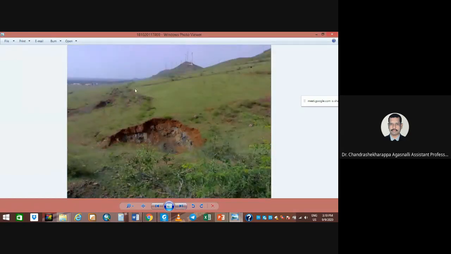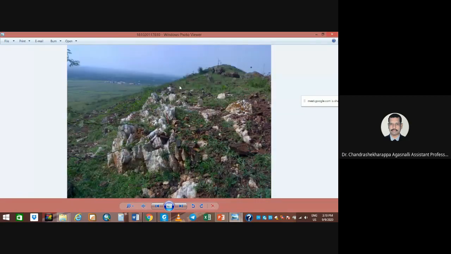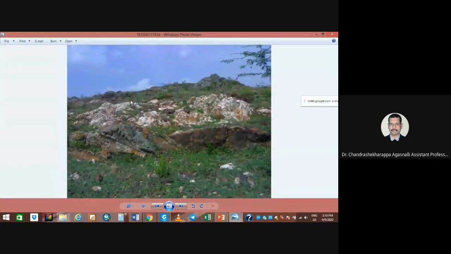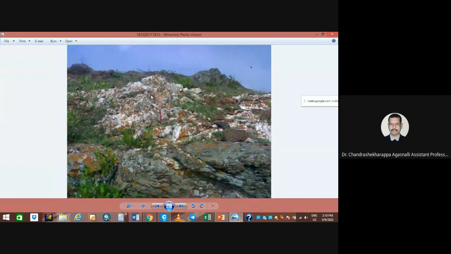This is running in the meta basalts, and these are the windmills, and next to that there is a place called Gadag. Maybe you might have heard of the Gadag district here. Next to that there will be Gadag down below this. This is how in the field you can see the quartz vein along with that.